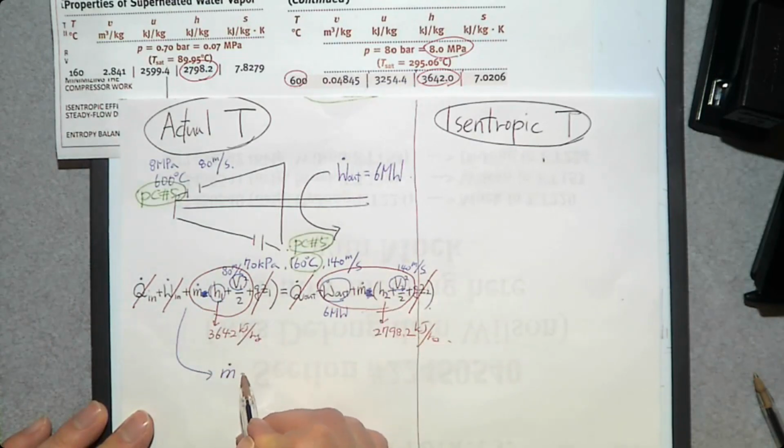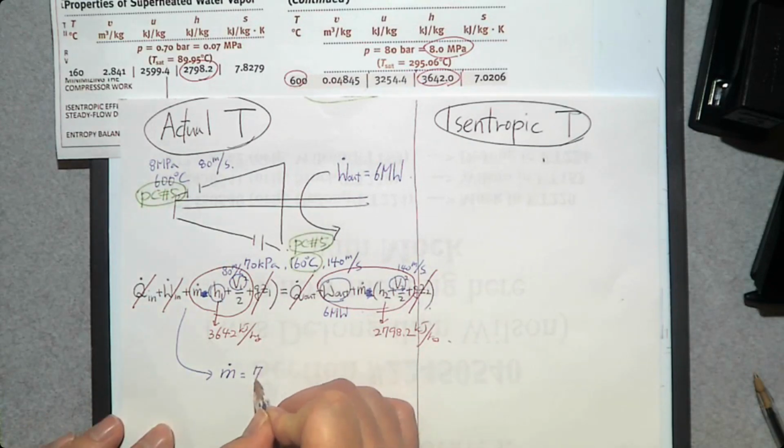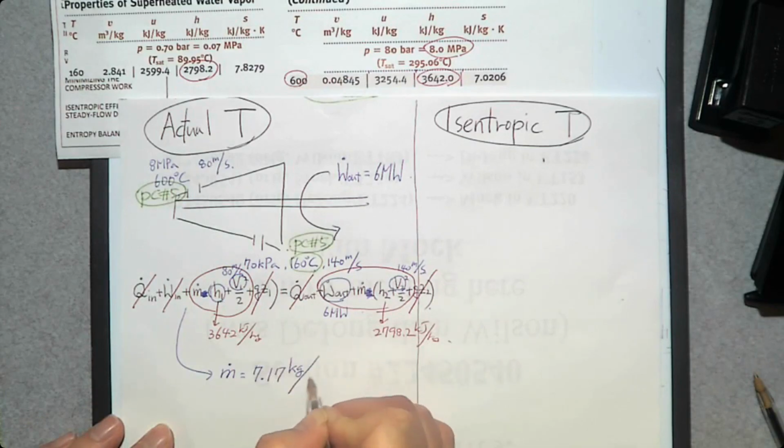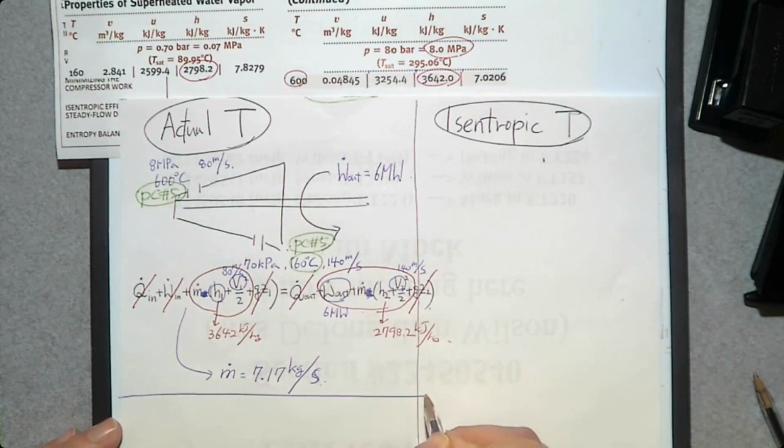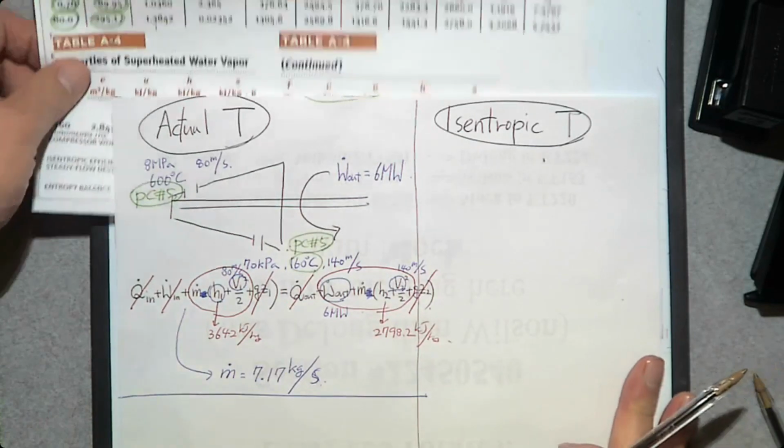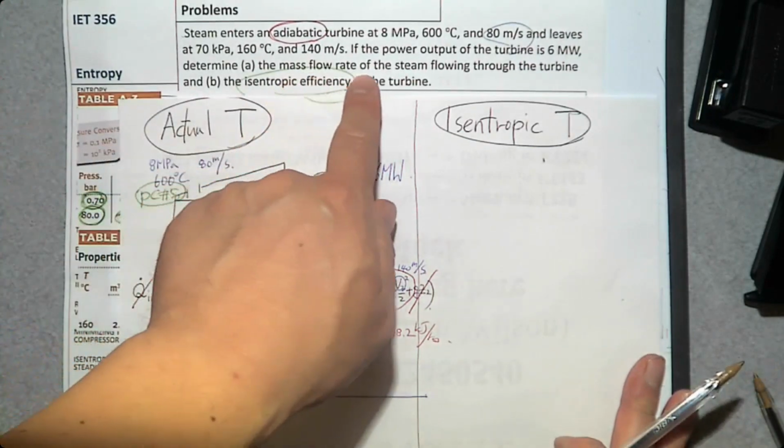So m dot is going to be, I think I calculated somewhere, 7.17 kilogram per second. So by using this energy balance equation, we were able to determine the mass flow rate. Okay, that's good. I think that was the first part, the mass flow rate of the steam.